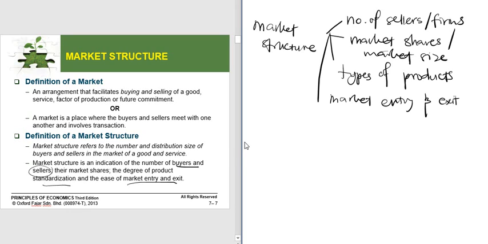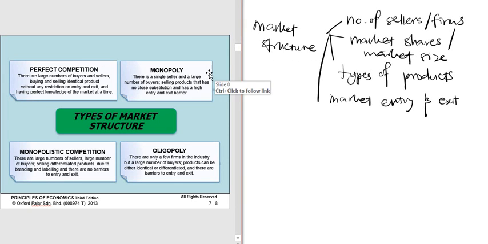Okay, so now let's look at the four types of market structure that we have here. The first one is perfect competition. In terms of number of sellers, perfect competition has a large number of buyers and sellers. They are selling identical or homogeneous products. Homogeneous means identical.